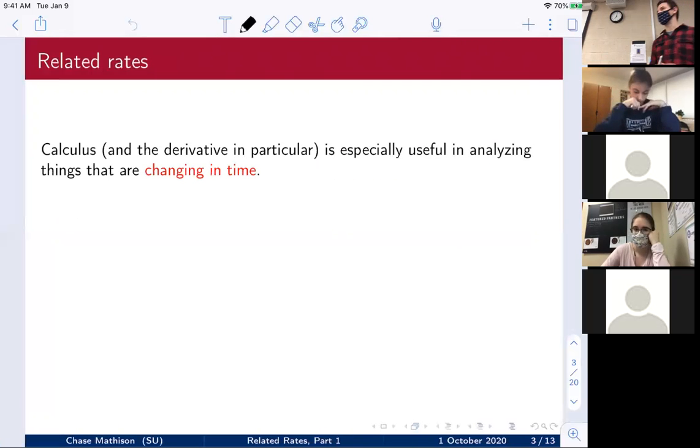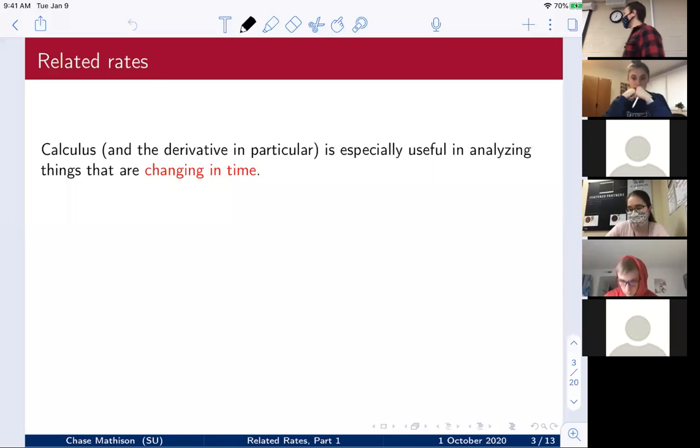All right, so today we get into, I think, a really cool application of derivatives, and in particular, the chain rule. In calculus, some people call it the calculus of change, because this mathematics allows us to analyze things that are changing in time.